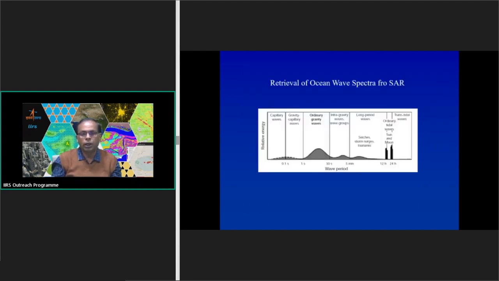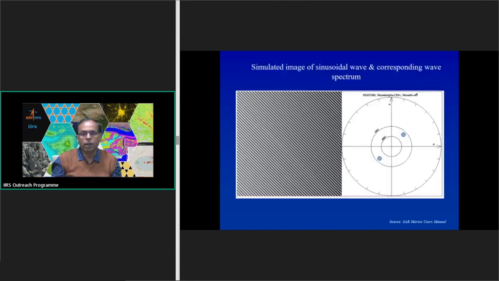sensors. And this can be used to study the ocean wave spectra. This is a theoretical simulated sinusoidal wave and the corresponding wave spectrum, which is going at 45 degrees, and the wavelength is 120 meters.